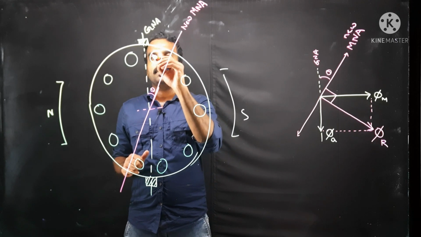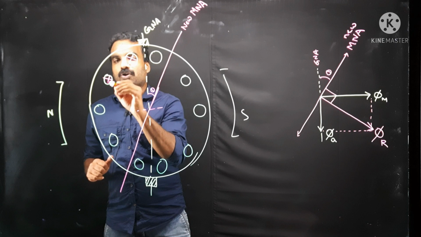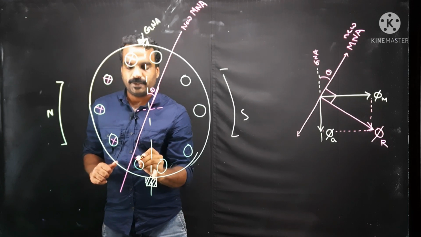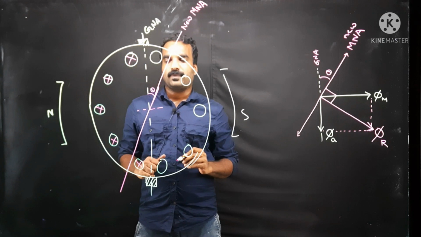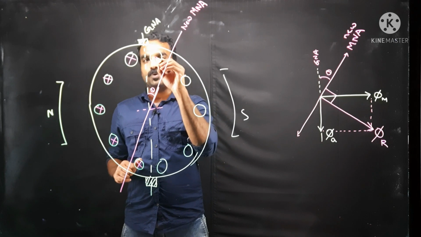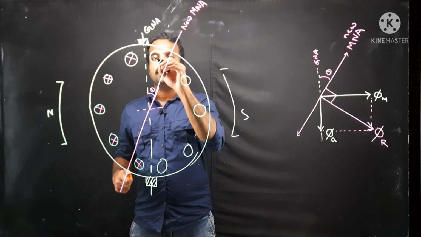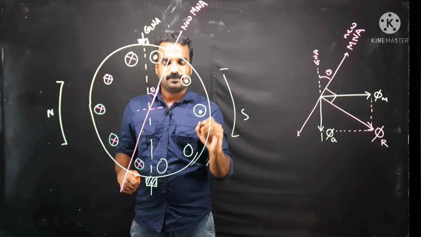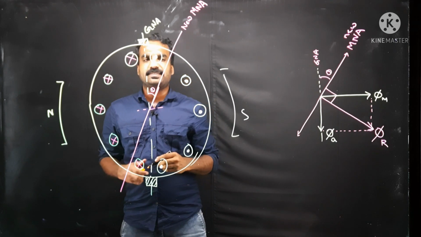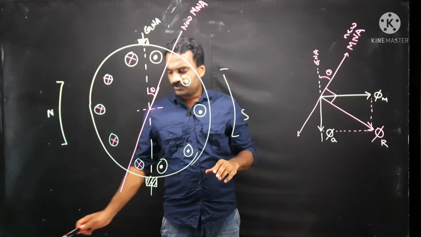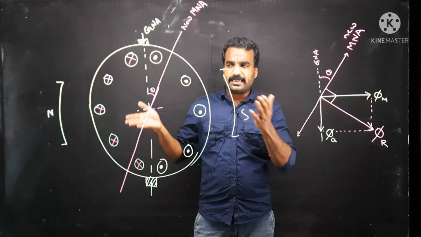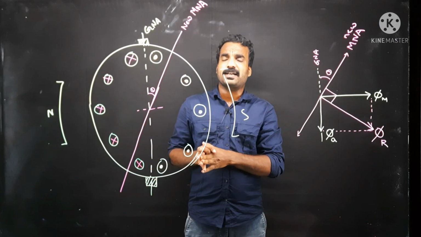Under the North Pole, it was cross in all, whereas under the South Pole, it was dot. Is it clear?